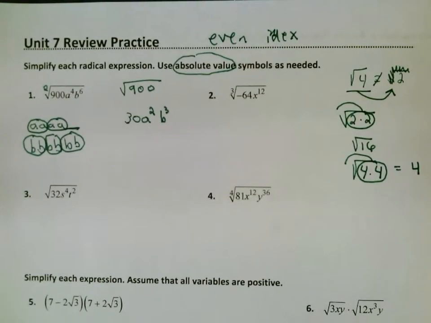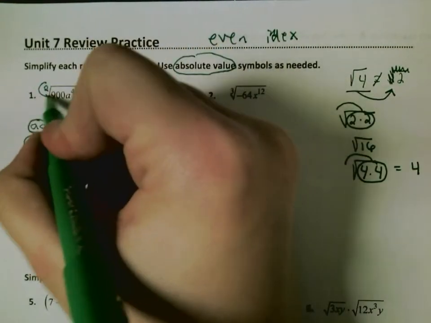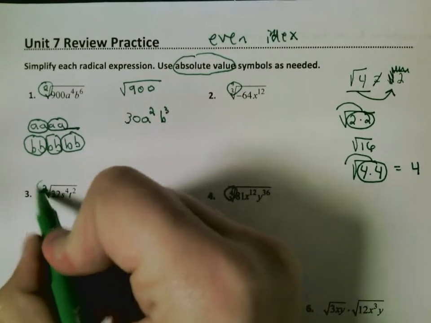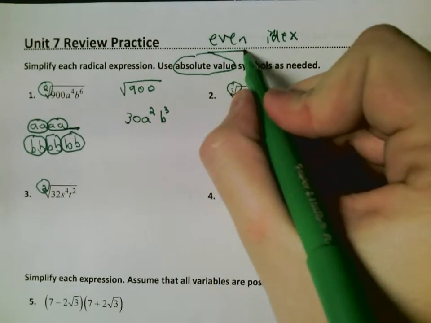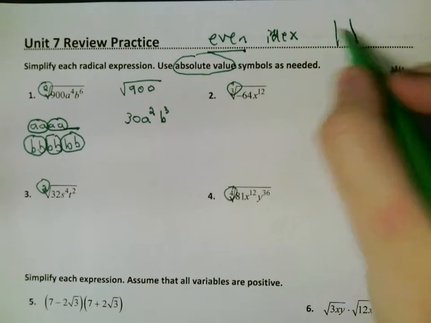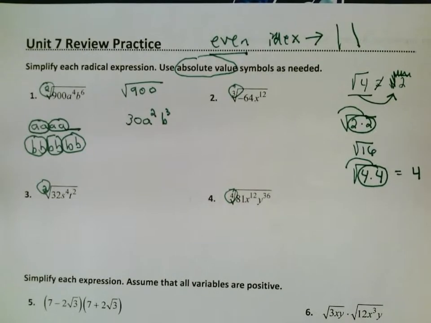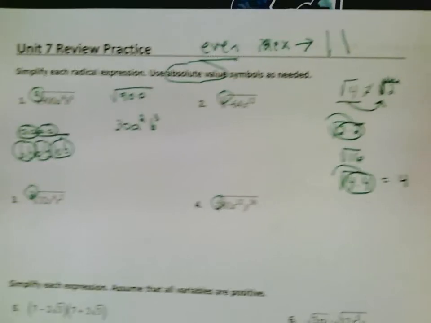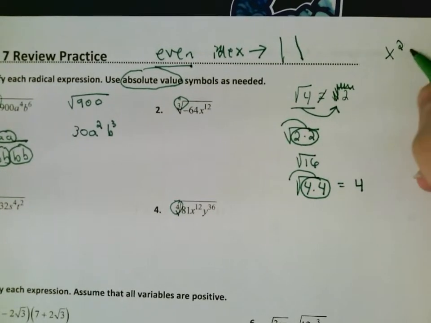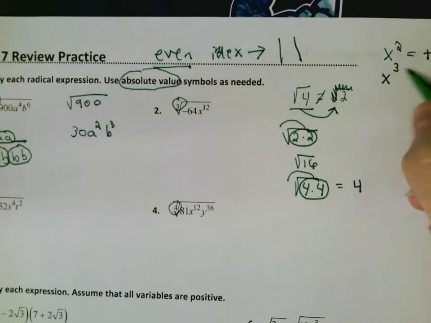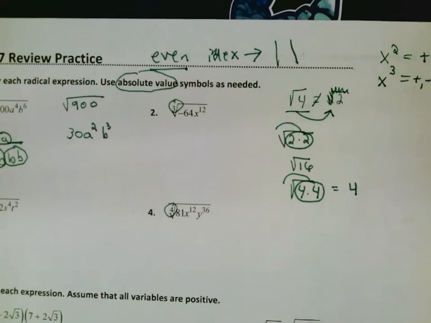So anytime your index, that's this little number, or this little number, or this little number, anytime that it's even, you should have absolute values, you can safely say around everything, but in reality, if it's an x squared, no matter what number I plug in there, it's going to come out as positive. If I plug in an x to the third, well then it could be positive or negative, in which case that's where the absolute values are going to kind of come in.